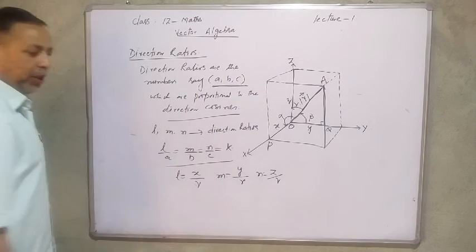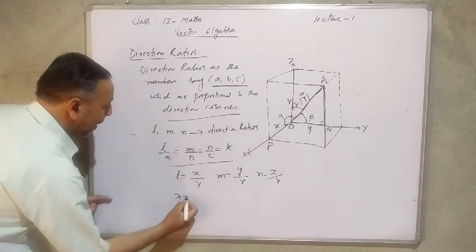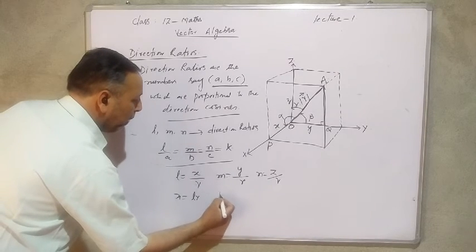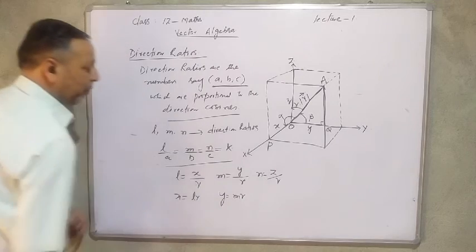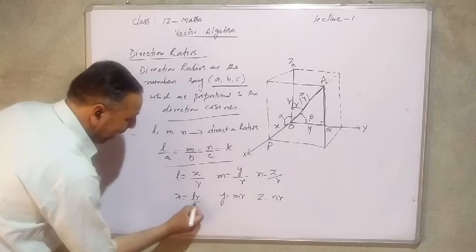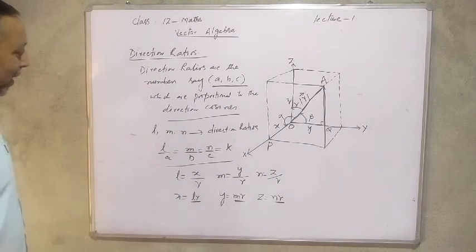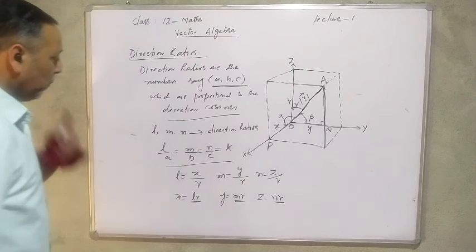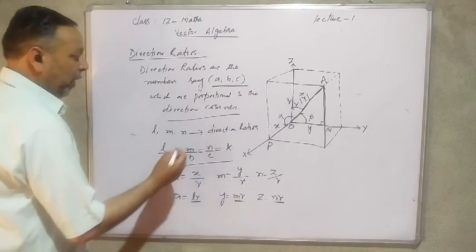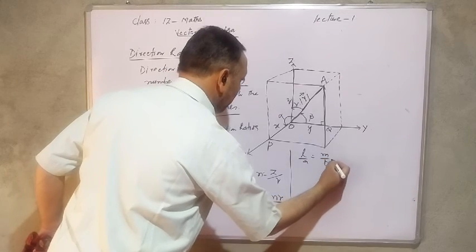So that means x is equal to LR, y is equal to MR and z is equal to NR. So these LR, MR and NR are the numbers which are proportional.